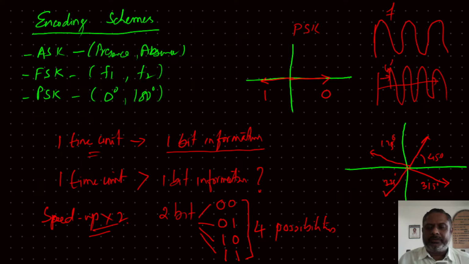So you can choose 0 0 for this. Same way 135 you can say 0 1, and this is 1 0, and this is 1 1.